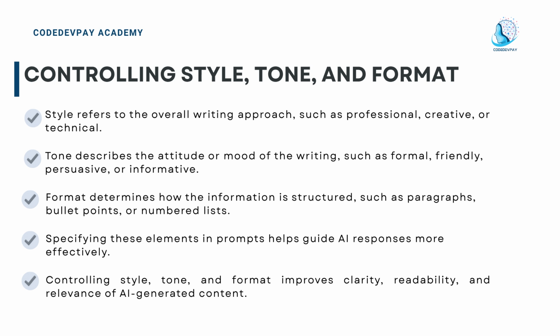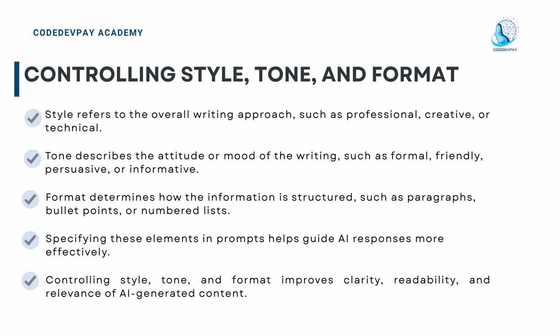So why are style, tone, and format important? When they are clearly defined, AI can generate responses that are more relevant, structured, and appropriate for our intended audience. This helps to improve the usefulness of AI generated content and reduces the need for extensive editing.